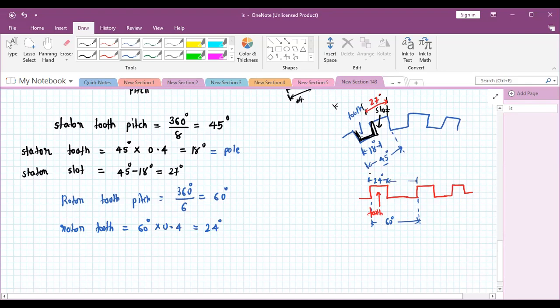Tell me. This is the rotor slot. How much degree is that? Yes, 60 minus 24, 36. So 60 degrees minus 24 means 36 degrees.